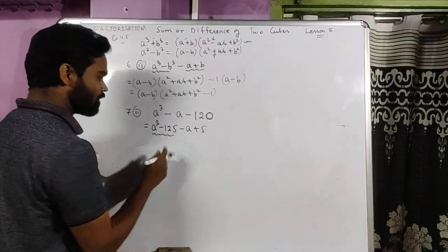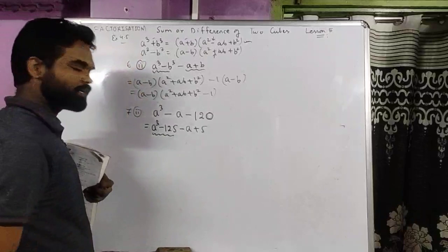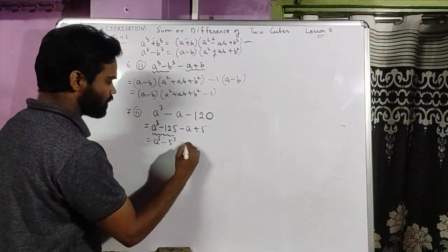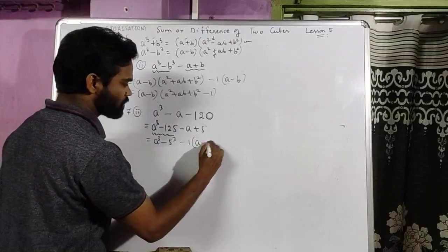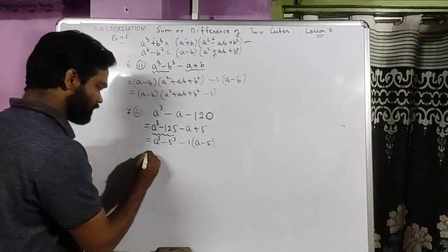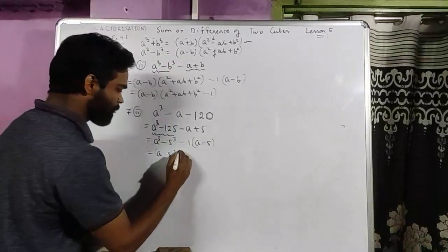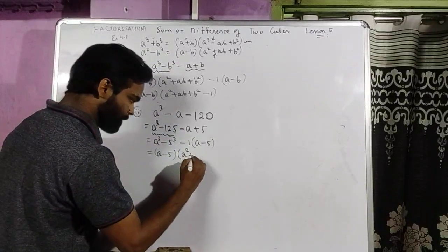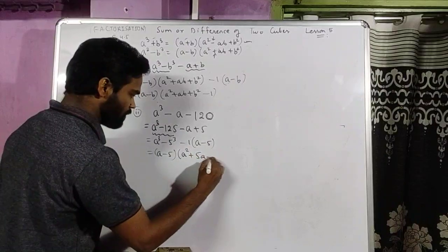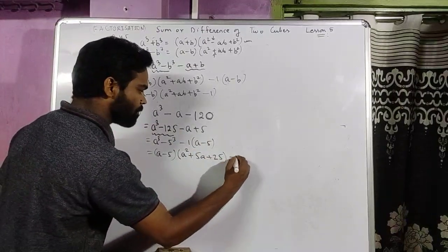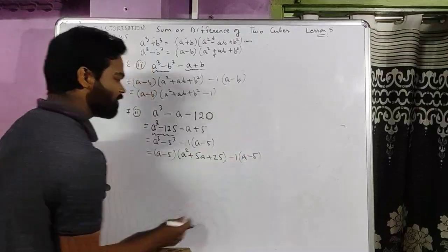Because this can be written as a cube minus b cube. This is a cube minus 5 cube, minus 1 taken common, this is a minus 5. Now we know how to factorize this: a square plus ab plus b square, which will be 5 square, 25, minus 1, a minus 5.